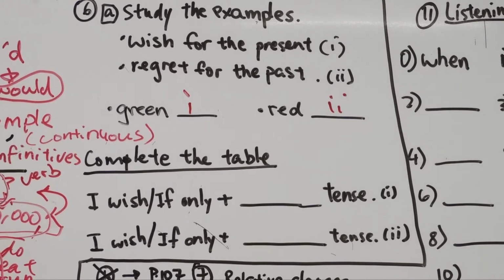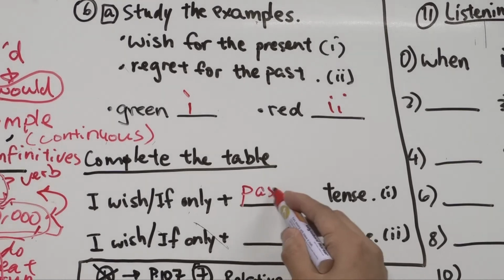What kind of tenses did they use? The green one is past simple. What else? The red one, is it past perfect? Yes, good. So past simple.